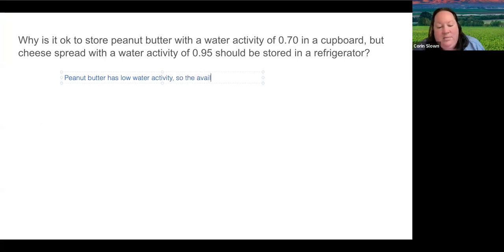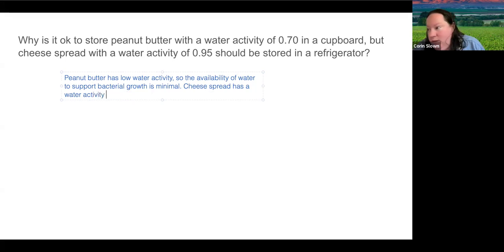So the availability of water to support bacterial growth is minimal. Cheese spread has a water activity of 0.95.